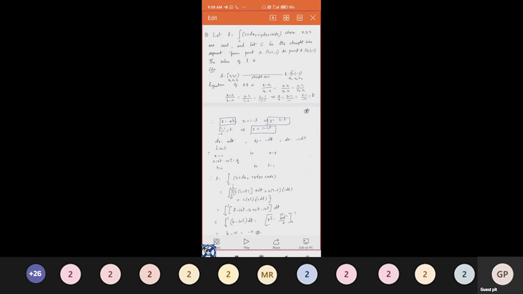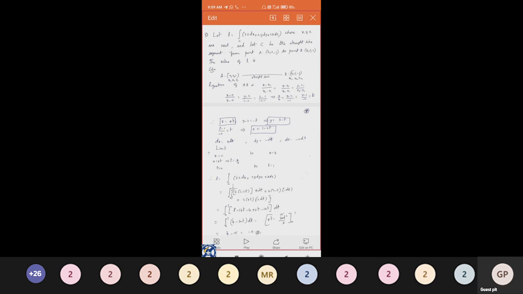So therefore, the above formula becomes (x - 0)/(4 - 0) = (y - 2)/(1 - 2) = (z - 1)/(-1 - 1).